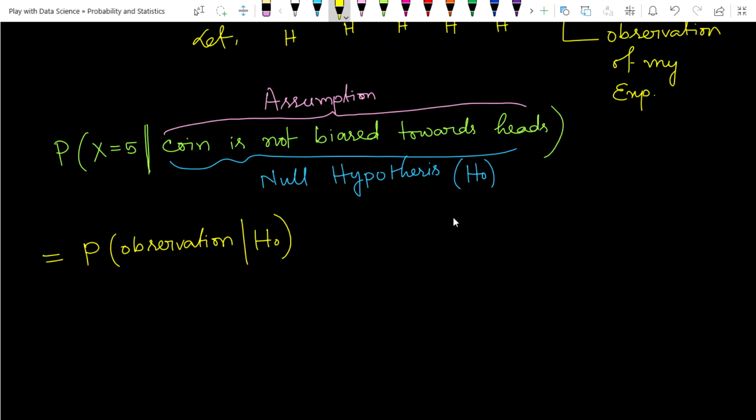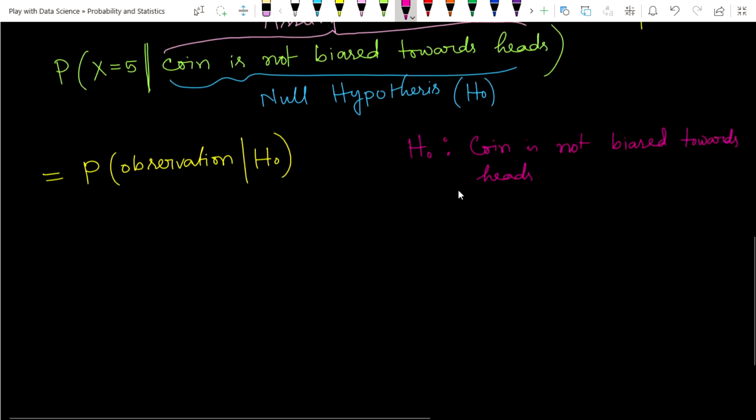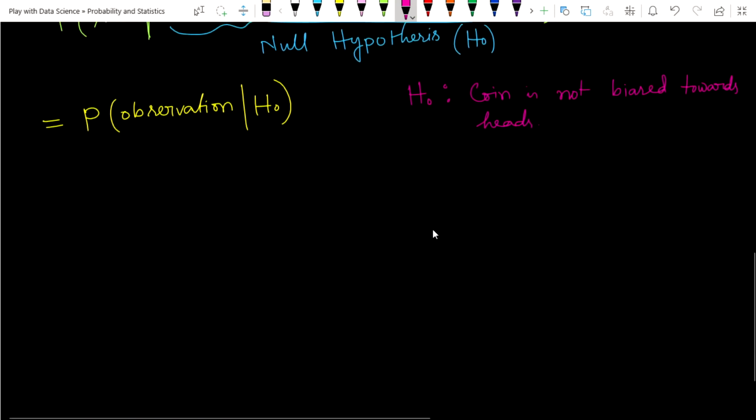The null hypothesis we have taken here is that the coin is not biased. This is the simple assumption, called the null hypothesis.